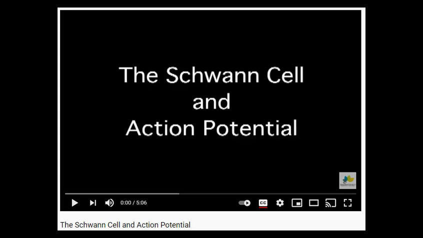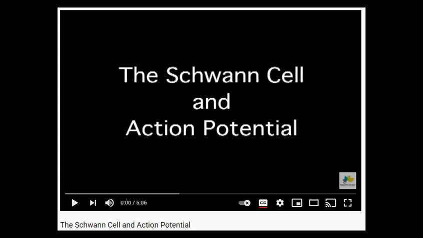But nonetheless, this also serves a secondary purpose because it speeds up the action potential. Instead of having to produce that opening and closing of sodium potassium channels and having a sodium potassium pump that uses up all that energy at every single spot along the length of an axon, you only have to have that combination of stuff at just the little tiny gaps in the myelin sheath, and we call those nodes of Ranvier.